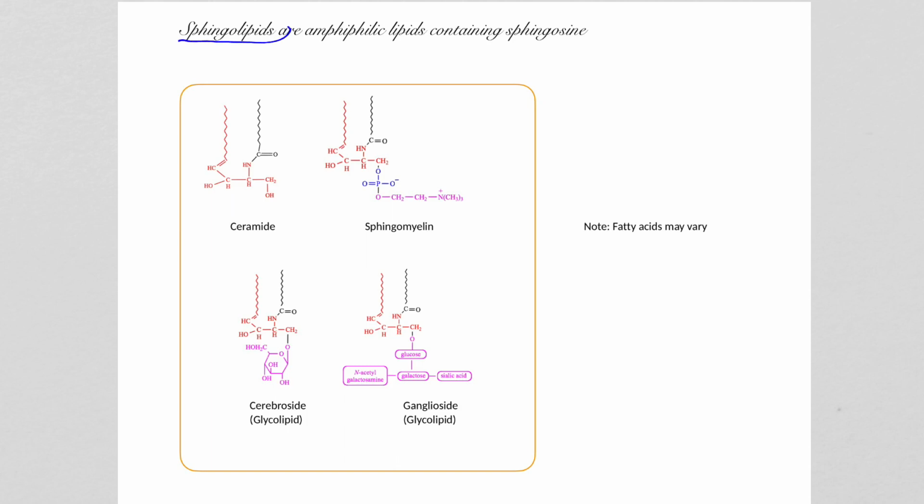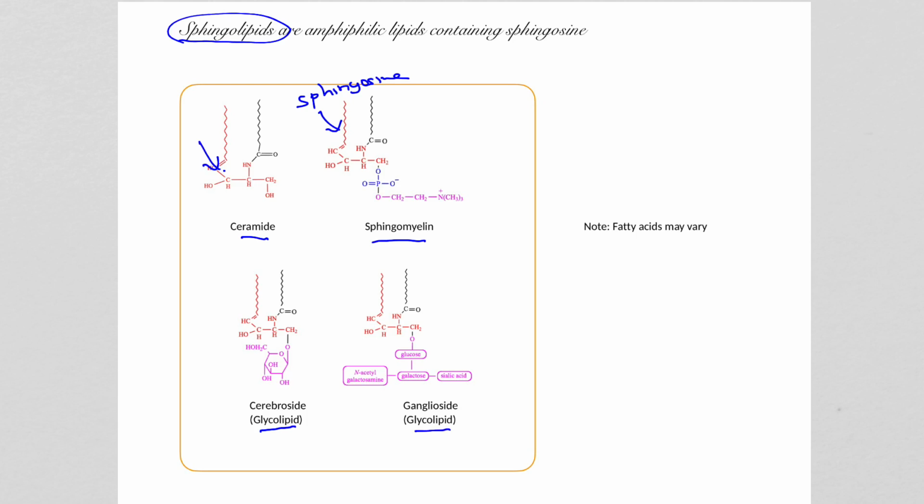They are called sphingolipids. That's because you can see the red part here. The red part here is a compound called sphingosine. So sphingolipids are basically amphiphilic lipids that have sphingosine. So we have ceramide, we have sphingomyelin, we have cerebrosides, we have gangliosides.